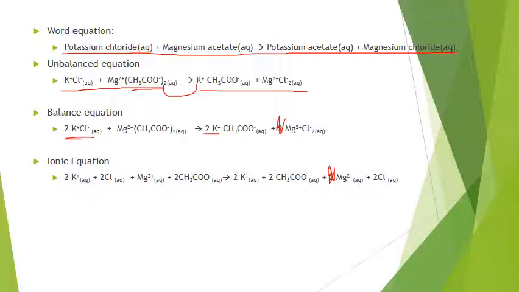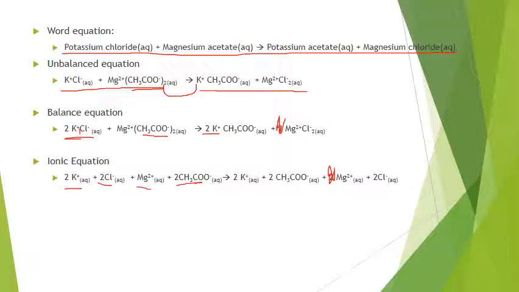All right, so what happens when you just put it in water? The K plus and the Cl minus split apart and does that twice. The magnesium and the acetates split apart, and there's 2 acetates for every magnesium, so 2 of these split apart from 1 of these.